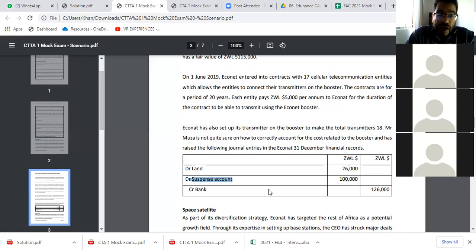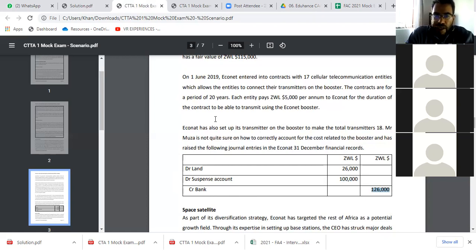Now remember, if the additional information in the scenario said IAS 40 is treated with the fair value measurement model, then the debit to land, because they bought it for this purpose, must go to investment property, and then the suspense account must also be debit investment property, and I'm assuming they paid cash, so then correctly credit bank with 126.